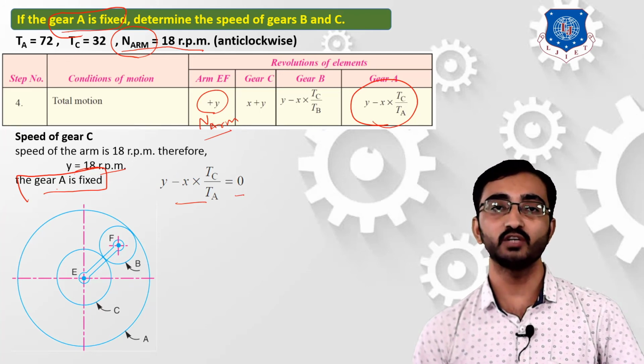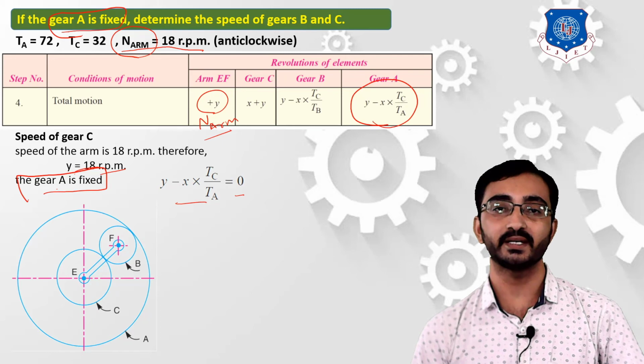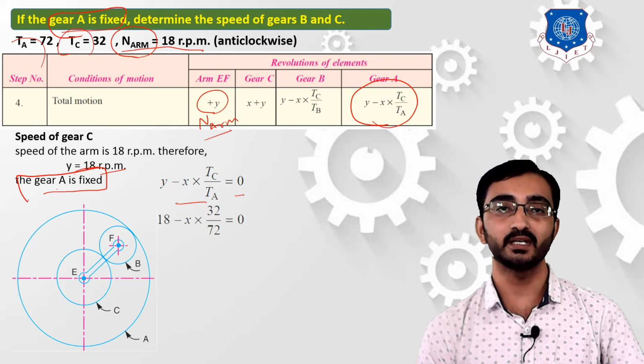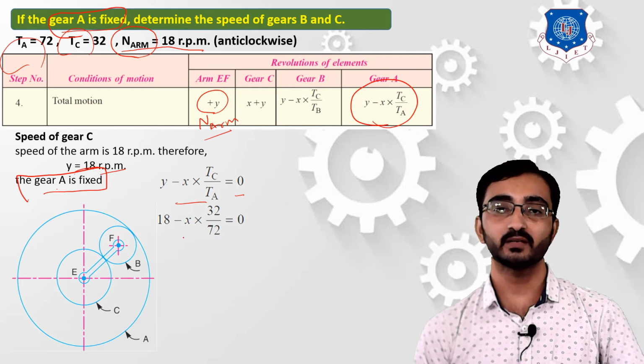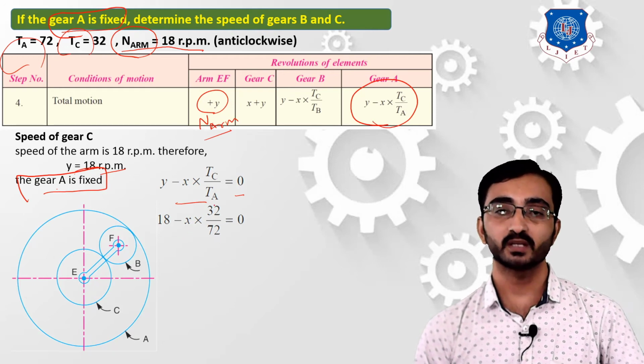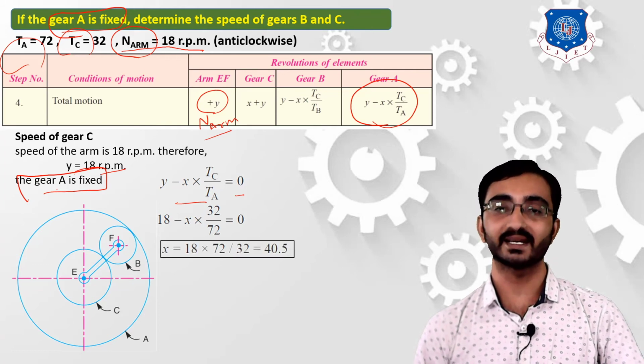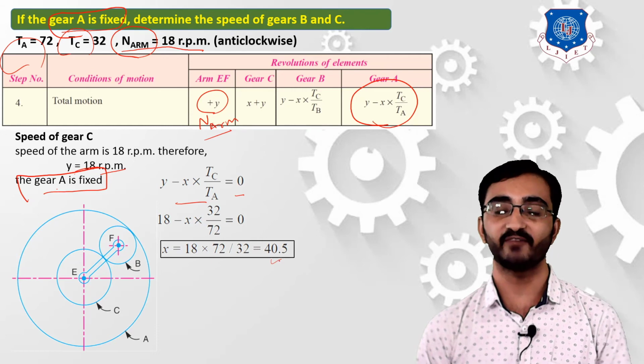Now if you put the values of Tc and Ta in this data, you can write 18 minus x times 32 by 72 is equal to 0. By simplifying this equation you will be able to get the value of x, that is equal to 40.5.